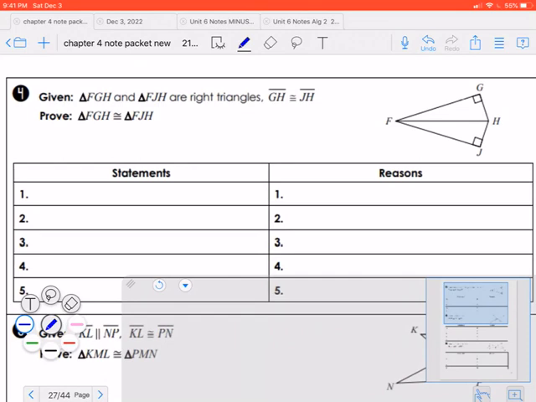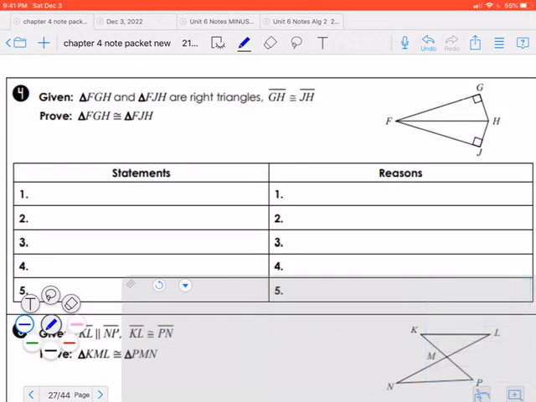And here we go. We are trying to prove that FGH is congruent to FJH, top triangle to bottom triangle. Let's start with our first statement. Triangle FGH and triangle FJH are right triangles.